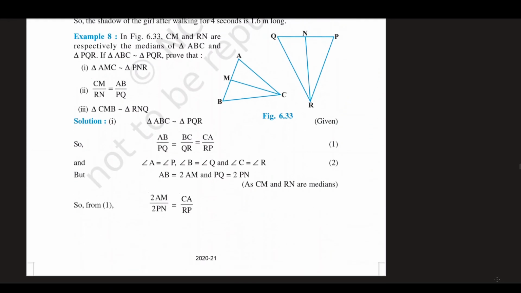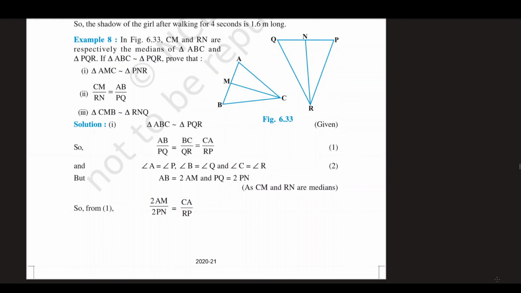Now we have this question. In figure 6.33, CM and RN are respectively medians of ABC and PQR, and we have to prove these things. Okay, so first look at this. ABC is similar to PQR. Then we can conclude that corresponding ratios are the same and corresponding angles are the same. Now AB is equal to 2 AM and PQ is equal to 2 PN because these are medians.